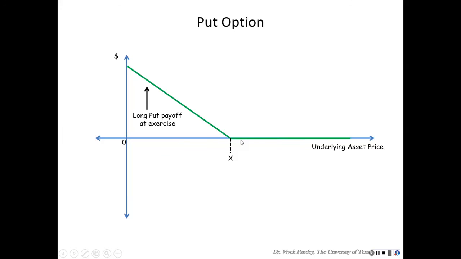And if the stock price actually is above X, and you had the stock to sell, you want to sell it in the market for that higher price, and you'll let go of this option, right? You make the choice not to exercise the option, and the price of a put option, like the call option, will be a little bit above its intrinsic value.